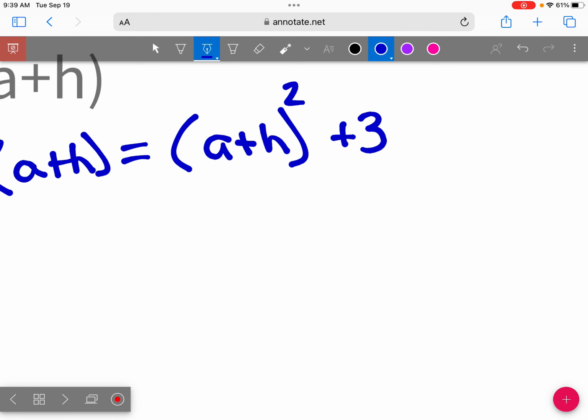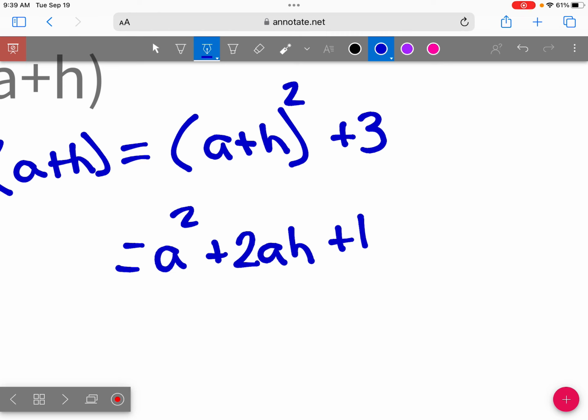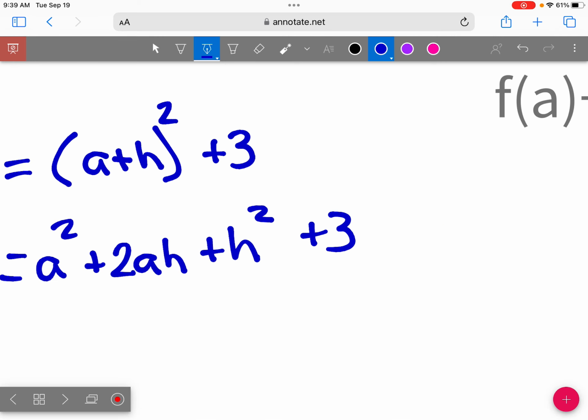If we multiply it out, what is a plus h quantity squared? A squared plus 2ah plus h squared plus 3. Box it out if you need to, or distribute it.